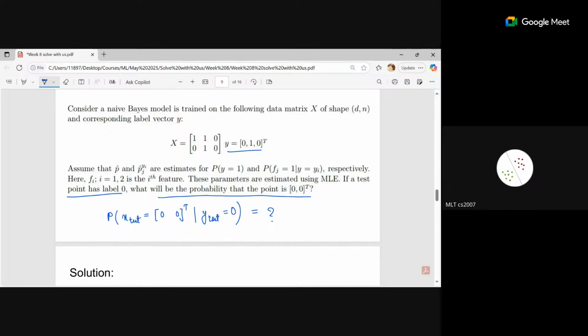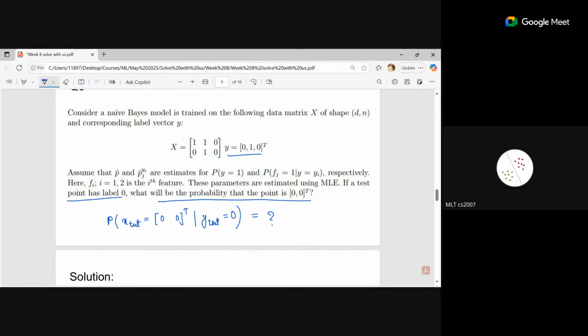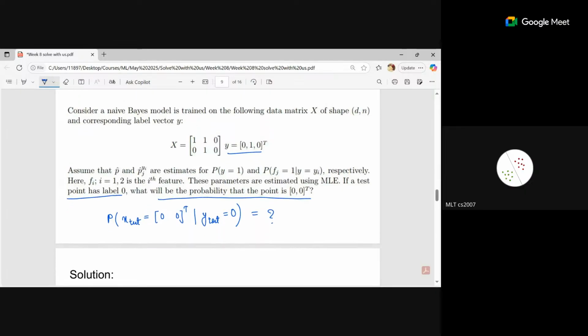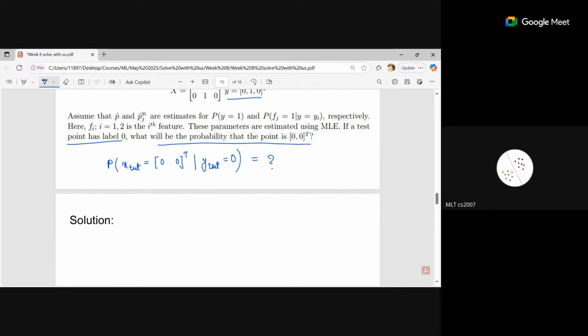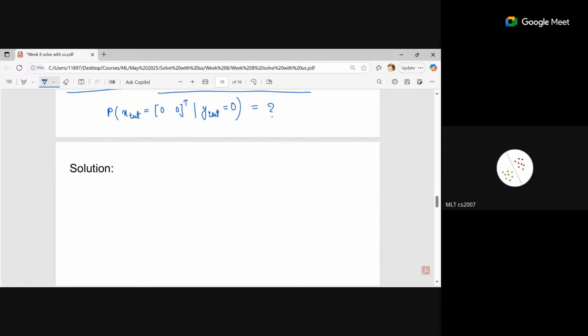This is what we have to find: given y test is 0, what is the probability that x test is equal to 0, 0? So how can we find this? This is just going to be the probability that f1 takes the value 0 given y is equal to 0, times the probability that f2 takes the value 0 given y is equal to 0.